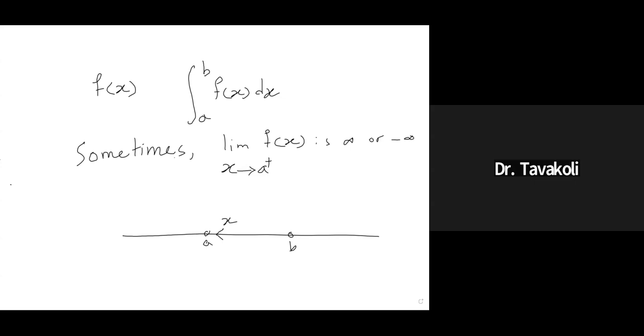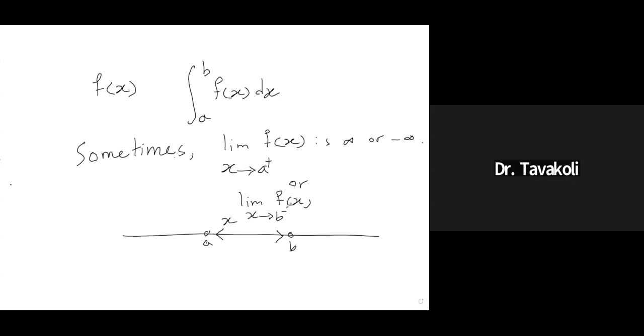This creates a new type of improper integrals. Or it's possible that the limit of f of x when x approaches b, on that interval, if x approaches b, it would be from the left side of b. So I put a negative sign there.